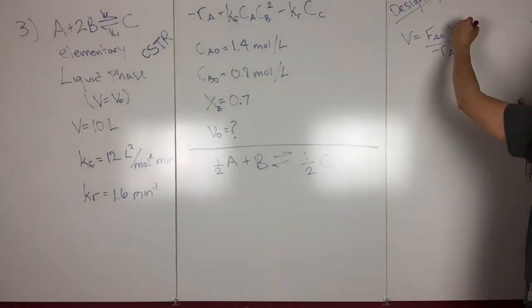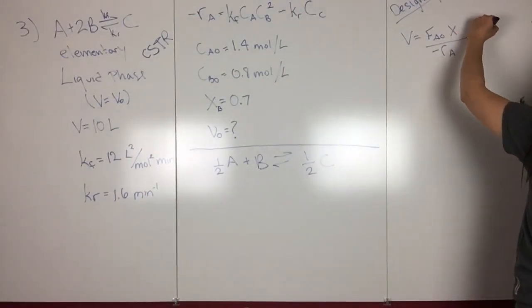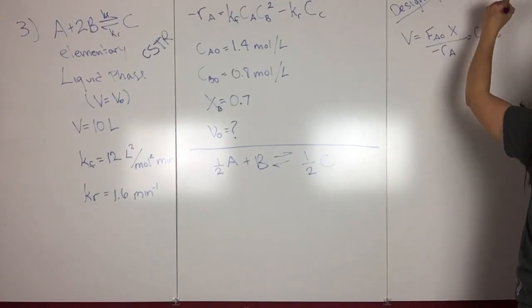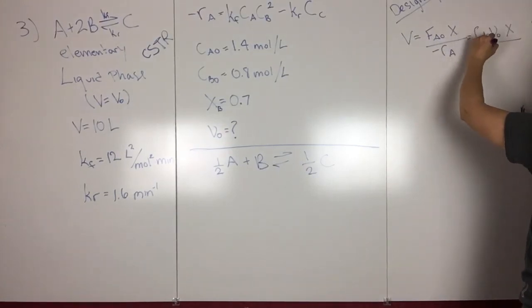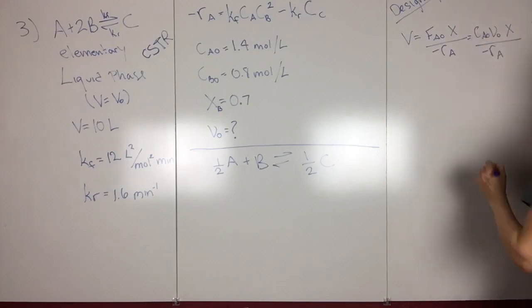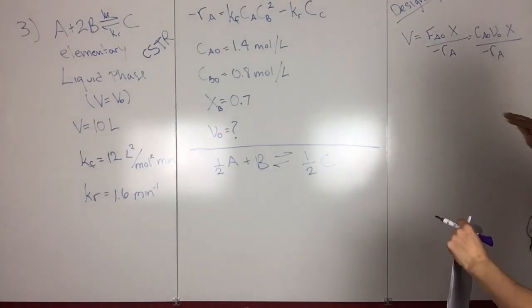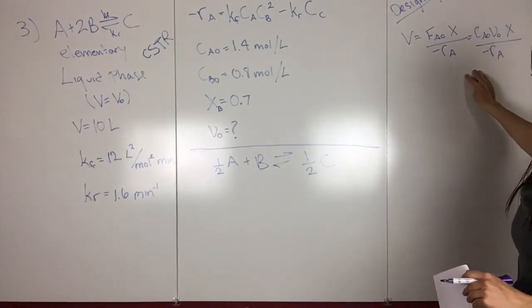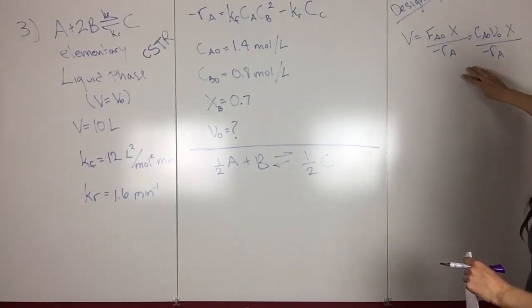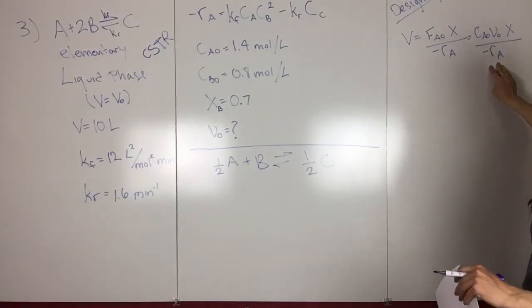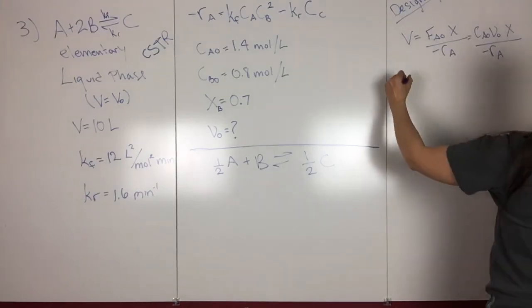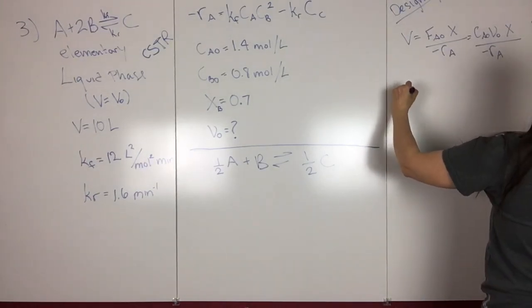And then we can rewrite this as CA naught B naught X over minus RA. So the reason why I like to go in this order is, we write this down and then right away we see, oh, we need the rate. So then we write down our rate law.